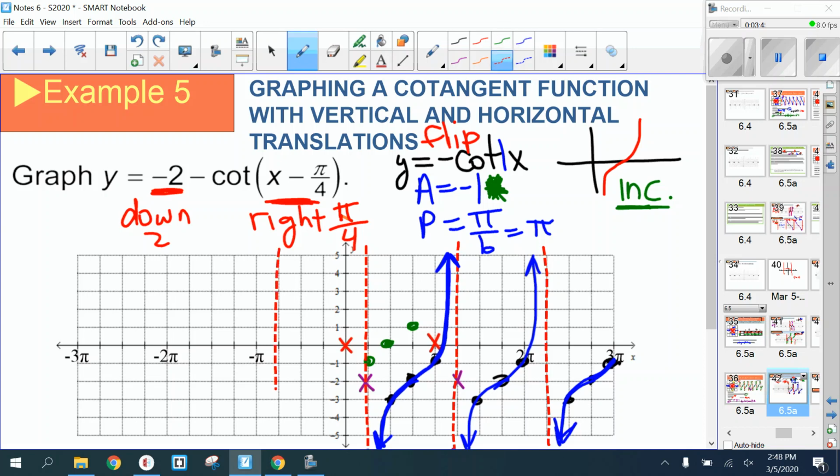So go over 4 marks, that's pi. And make another curve.